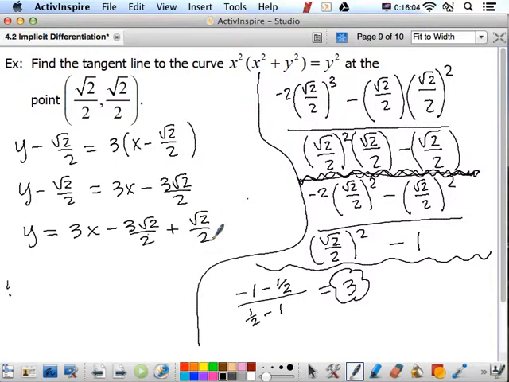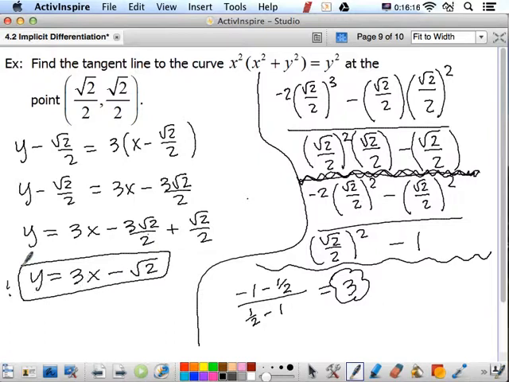Negative 2 square roots of 2 over 2. So just really what? 3x minus the square root of 2. Yes? That is the equation of your tangent line. If you can stick with a problem like this and get it on your own, you can consider yourself quite accomplished in calculus.